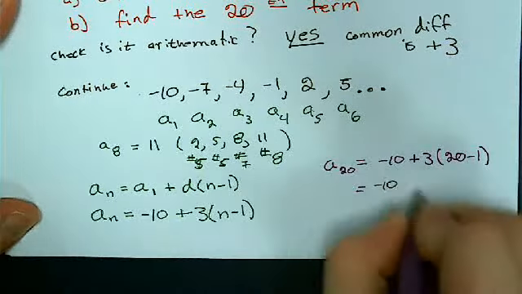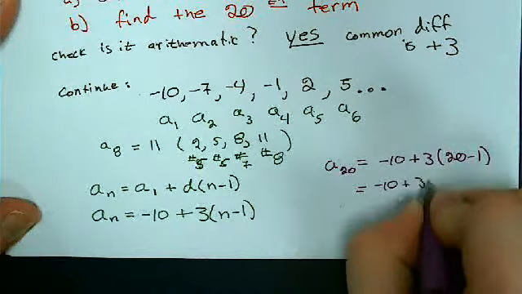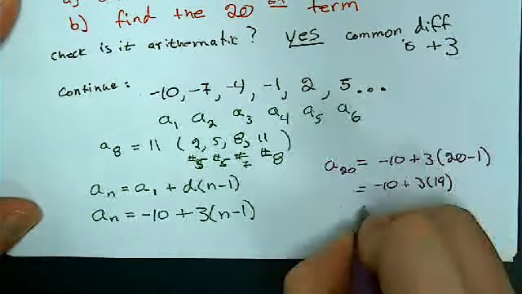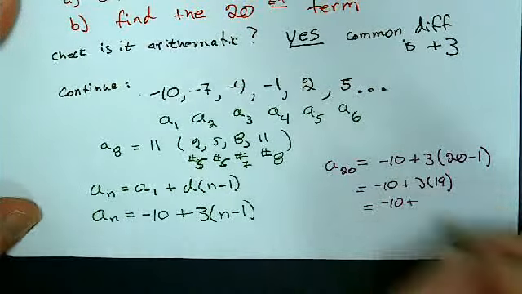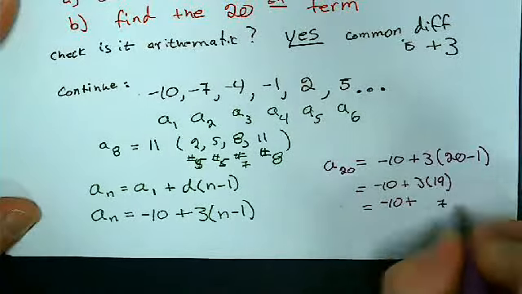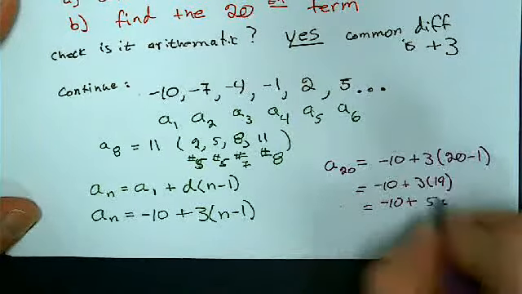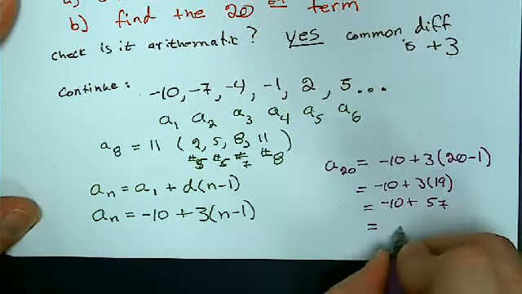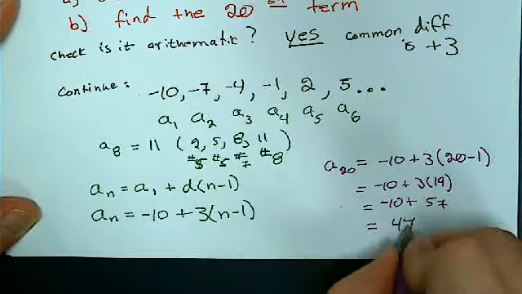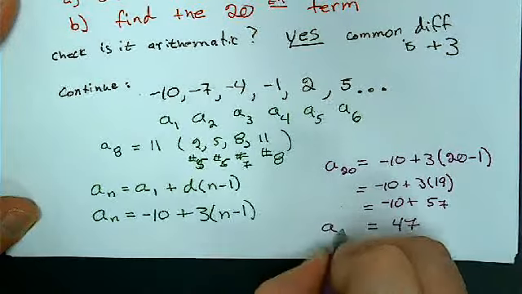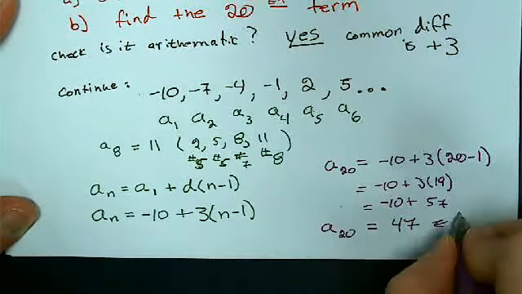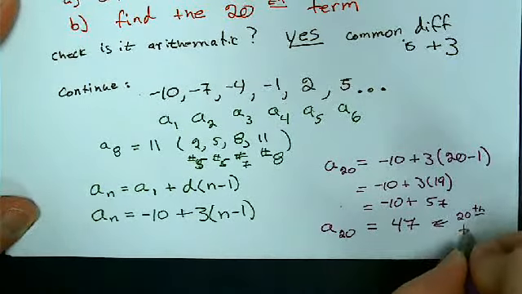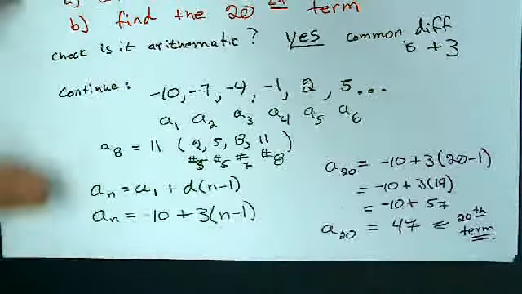So negative 10 plus 3 times 19, 3 times 19 is 57, and that's going to be 47. There you go. So the 20th term.